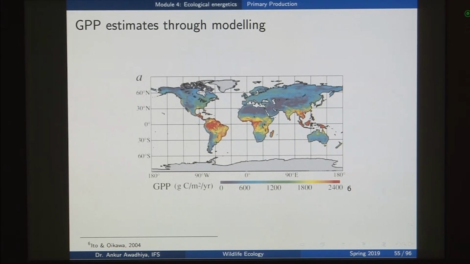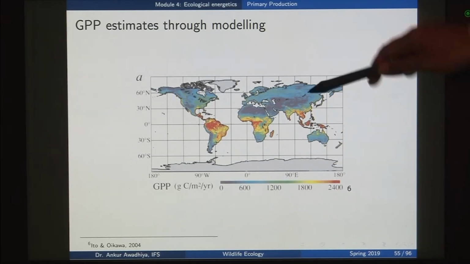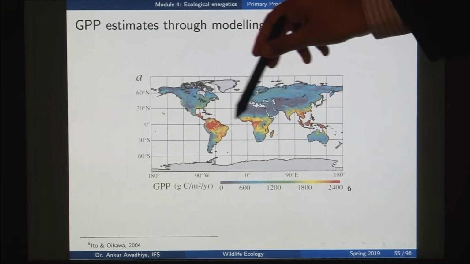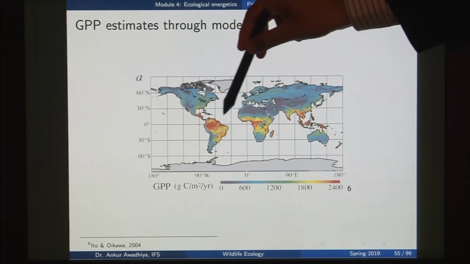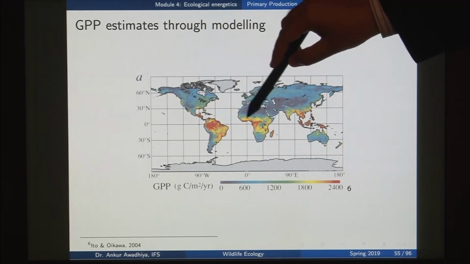So, this is the gross primary productivity of different areas, and here we can observe that it starts from 0 and goes to 2400, and so these areas are the most productive areas. Like this area is the Amazonian rainforest. These rainforests have a very high gross primary productivity. Now, in comparison, these areas, like this is the Sahara desert.